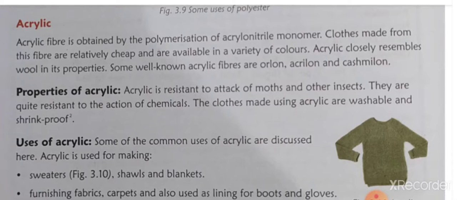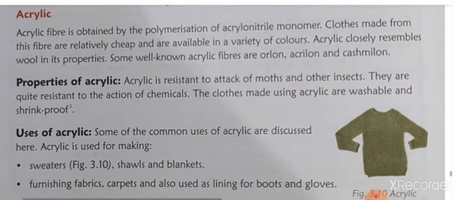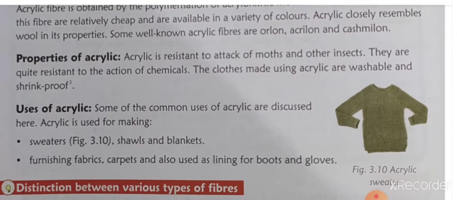Now we'll see the properties of acrylic. Acrylic is resistant to attack of moths and other insects because it's a form of polymer or chemical. They are quite resistant to the action of chemicals. The clothes made using acrylic are washable and shrink proof.